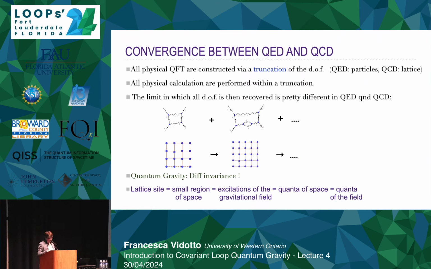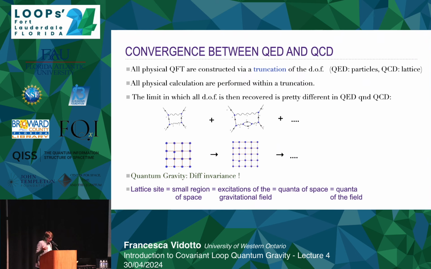This is because the lattice itself that we are using, the graph that we are using, we said at the beginning, it's a diff invariant object. So imagine you stretch, you change your graph, but squeezing the links to 0 doesn't make any sense.